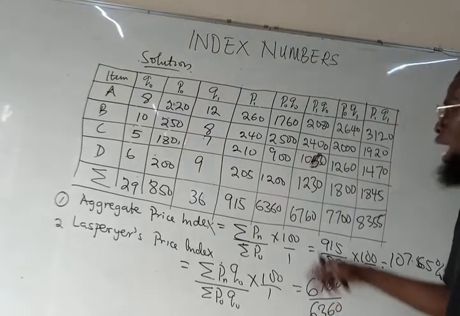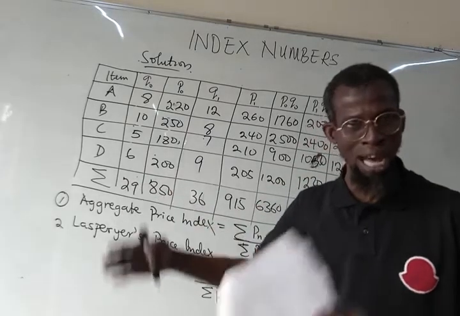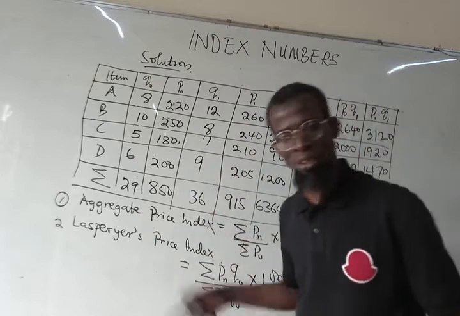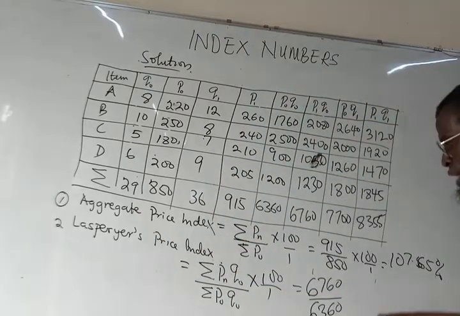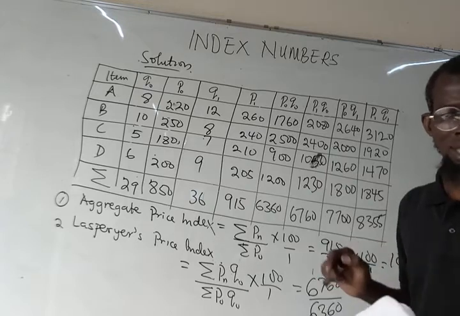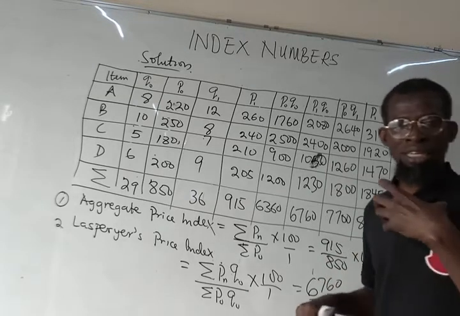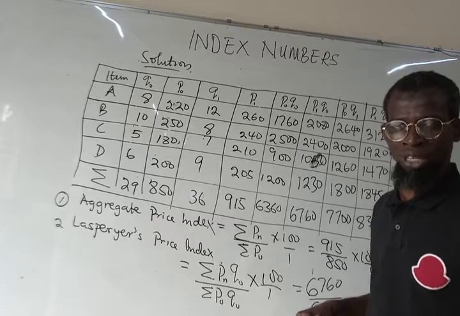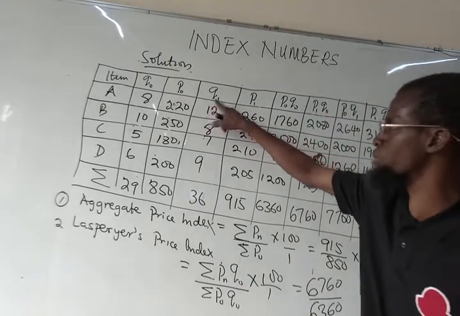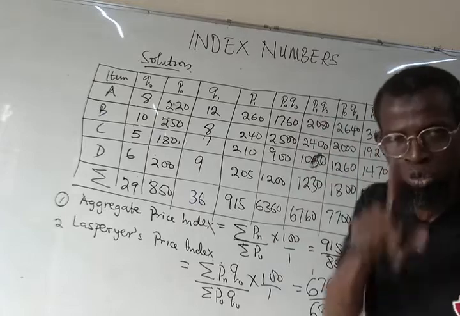In a situation whereby the year is more than that, our n will be whatever year you are given. But in this case, why I put 1 there is because the comparison, supposing it's 2015 and 2018, it means when we have 1 under that subscript of Q and P, it will be 3.